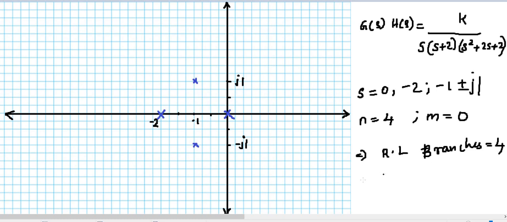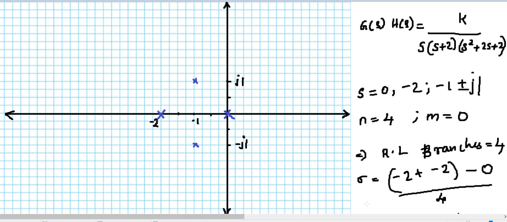So now the next step is to find the centroid. So we know the equation of centroid is sum of poles minus sum of zeros divided by n minus m. So the sum of poles are minus 2 plus or minus j1, that will be 0, and minus sum of zeros by 4.